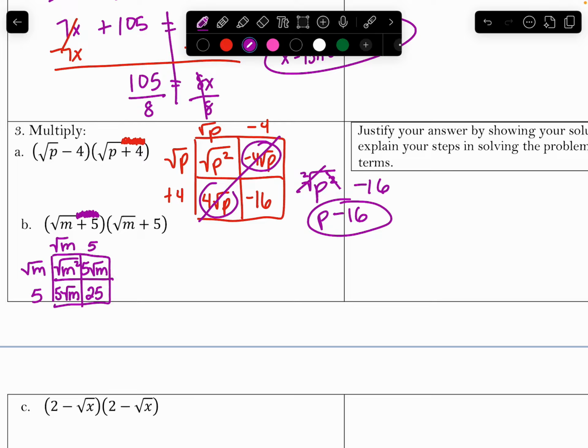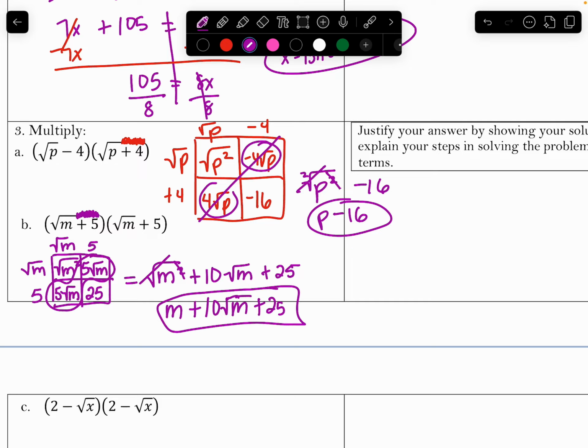This is positive 25. Square root of m squared plus, they're both positive, so you add them, 10 square root of m plus 25. Index 2, exponent 2, so those cancel out. You get m plus 10 square root of m plus 25. That is B.